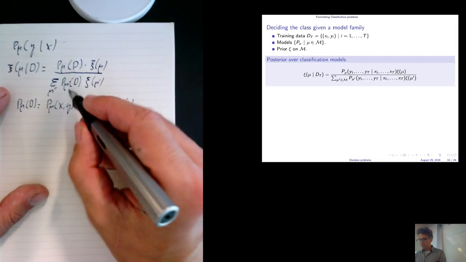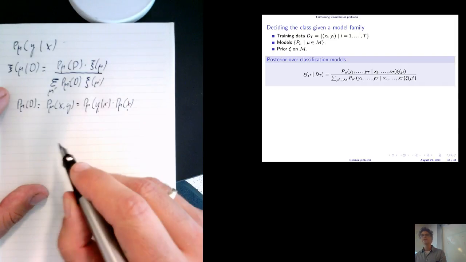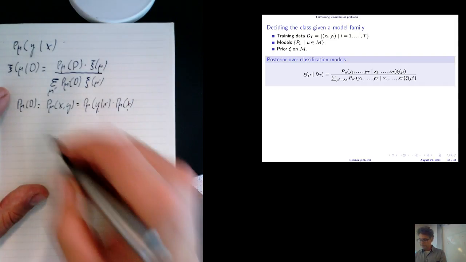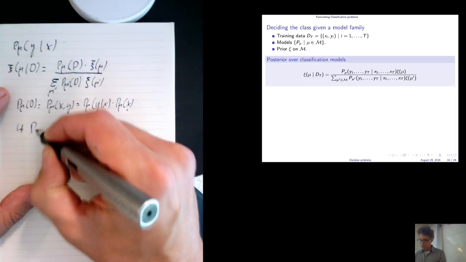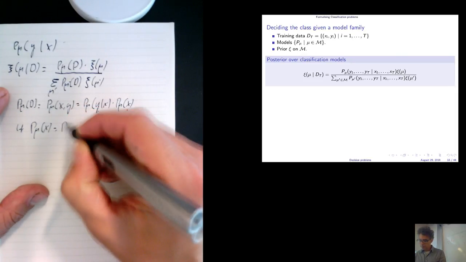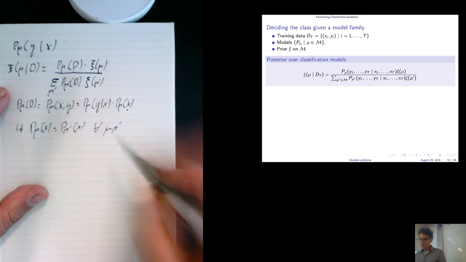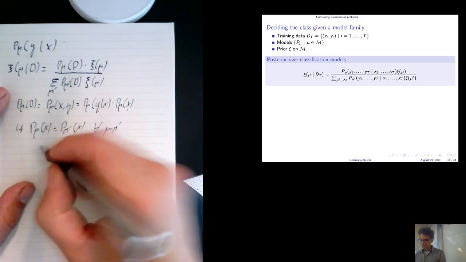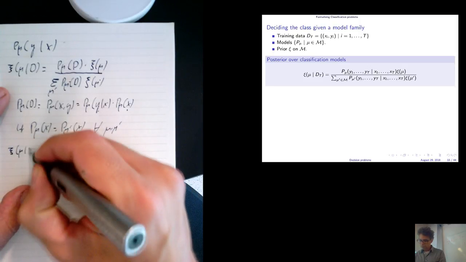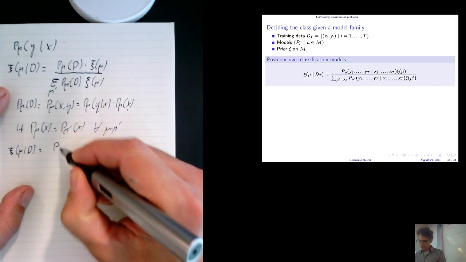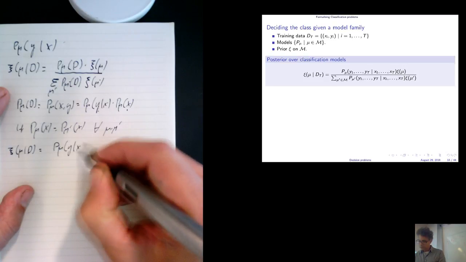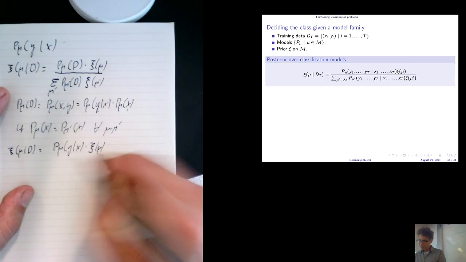But here we have a P mu prime, right? So if P mu x is equal to P mu prime x for all these, then you can rewrite the above just in terms of the y's given the x's, okay? Because everything cancels out.